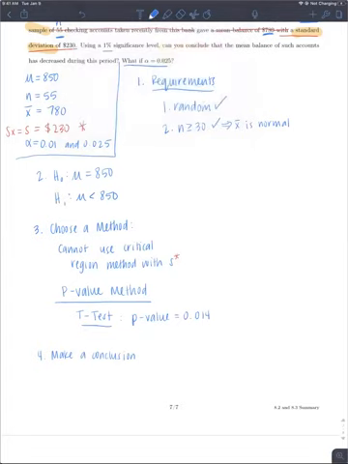When you make a conclusion, let's first compare to alpha equals 0.01. Is my p-value less than or greater than this alpha? Isn't it basically the same thing?